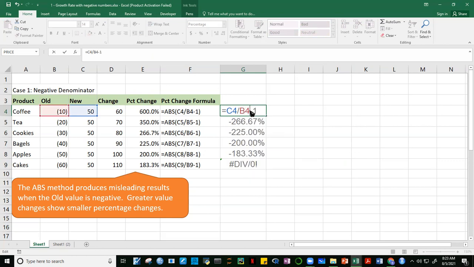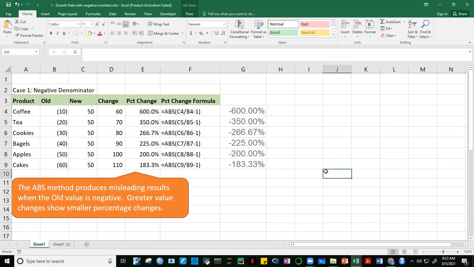Dapat 4 to. Okay. So first, guys, ang problema natin, yung percentage change between the new and the old, dapat positive to. Di ba? Bakit siya positive? Kasi from negative 10, naging 50, nag-increase to eh. Okay, so that's the first problem that we encounter when we have a negative value.